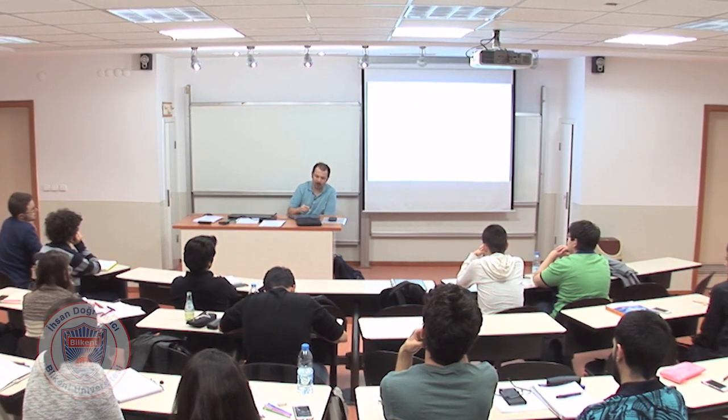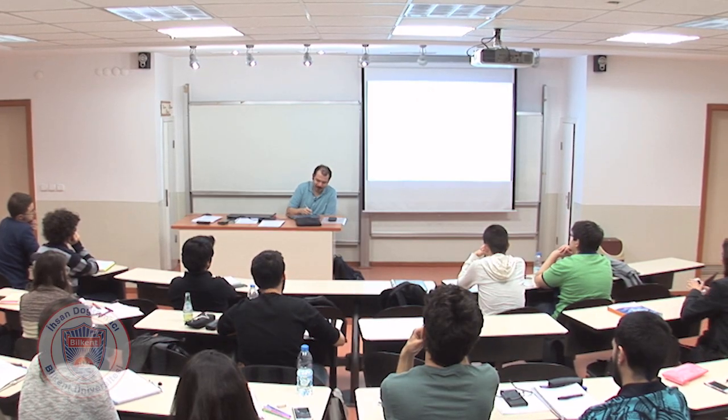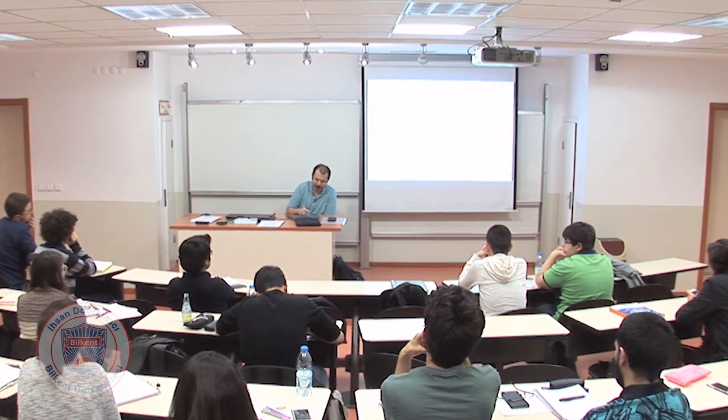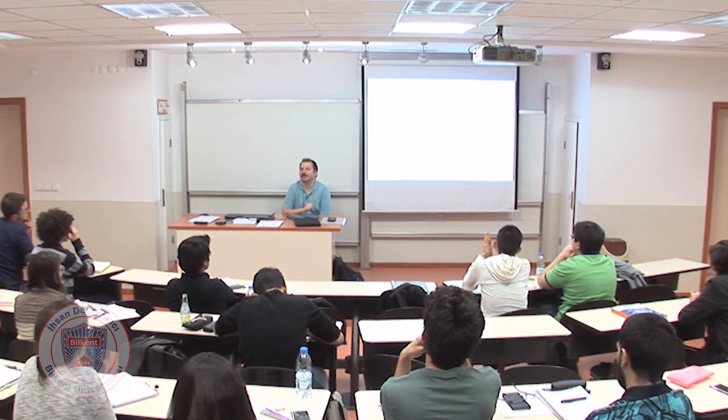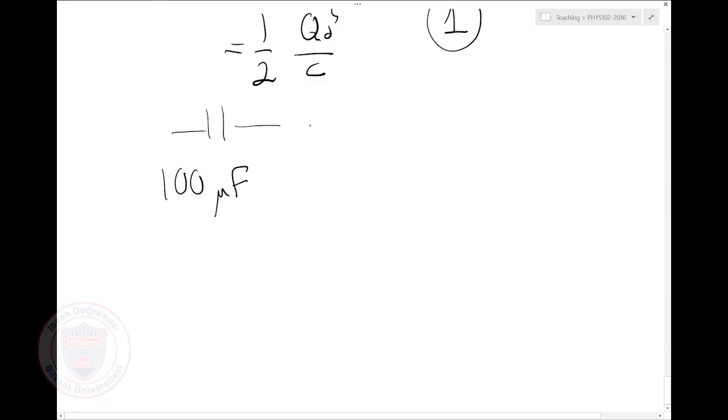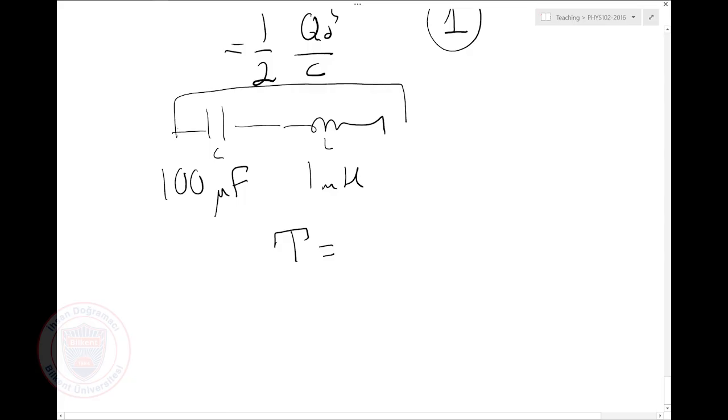For example, if you go to the lab, get a 100 microfarad capacitor, tie it to a 1 millihenry inductor, what would be the period of the oscillation of this circuit? Well, the period we have found is 2 pi times square root of LC.